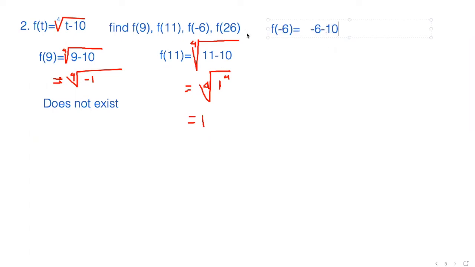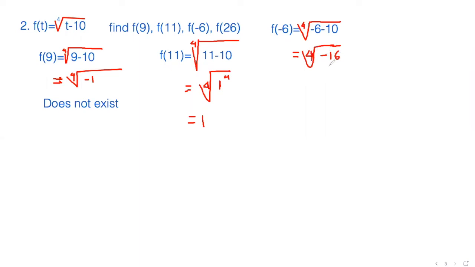Now f(-6): negative 6 minus 10, with the fourth root here. So the answer is, here we can write negative 16. But as this is an even index, we can't evaluate this.